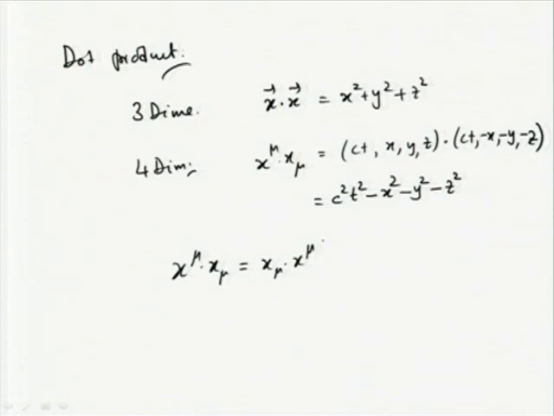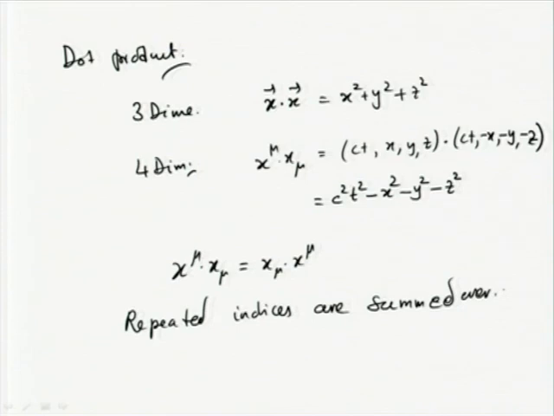So, convention is that repeated indices are summed over. Okay. This is just a convention that we will keep, so that we do not have to write the summation symbol everywhere all the time.